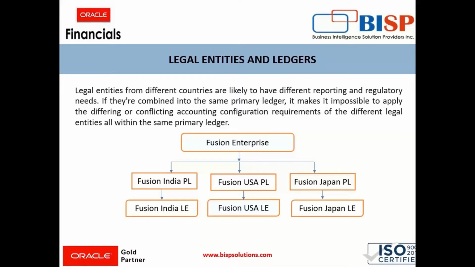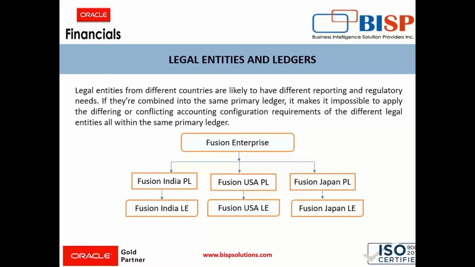But if any of the four C's, the currency, accounting calendar, accounting method, or chart of accounts, changes, then we'll have to assign a different primary ledger to the legal entity in which any of the C's is different.